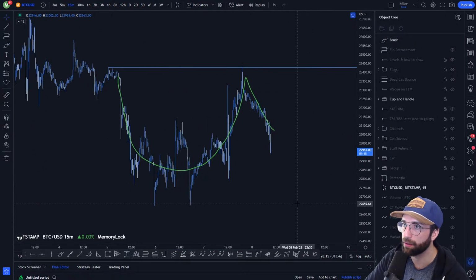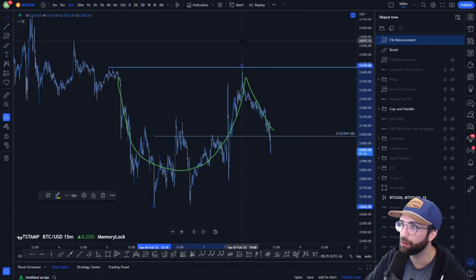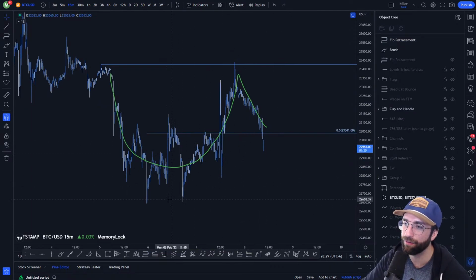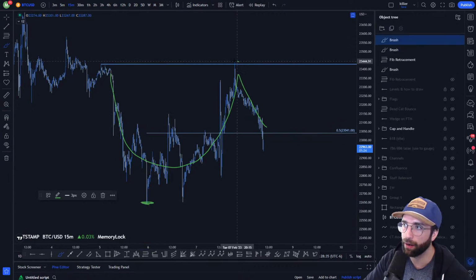Well, we can check. A cup and handle is classed when price retraces to the 0.5 on the handle. So it would be half of the depth between the swing low and the high.